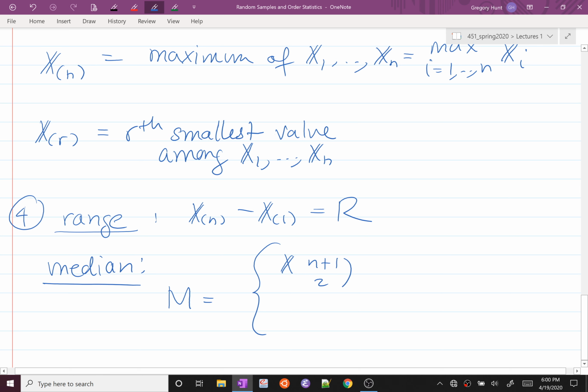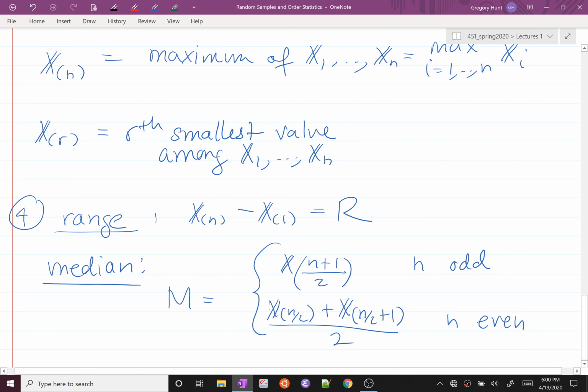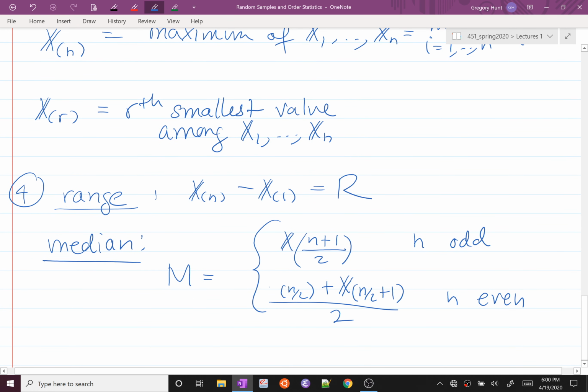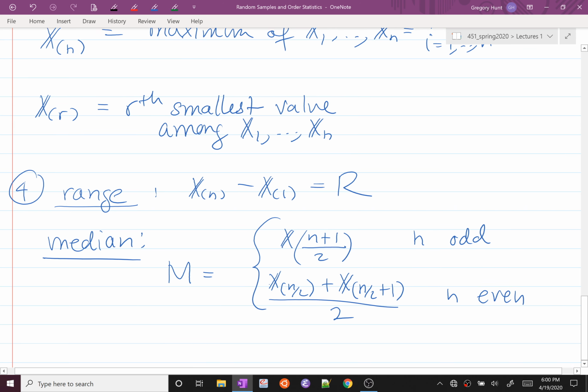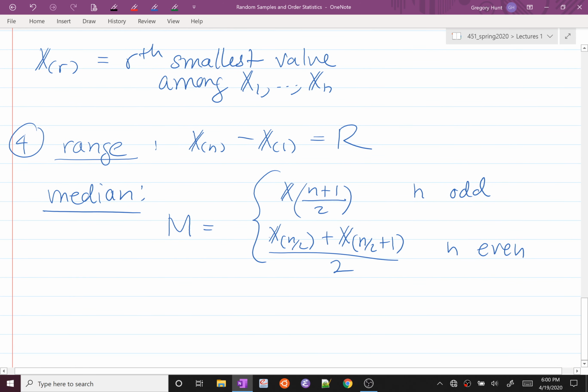That is the (n plus 1) over 2 smallest thing, if n is odd, so it's the middle value if we have odd, or it's the average of the two values closest to center if n is even. So that's typically how median is defined here. So those are some examples of order statistics.